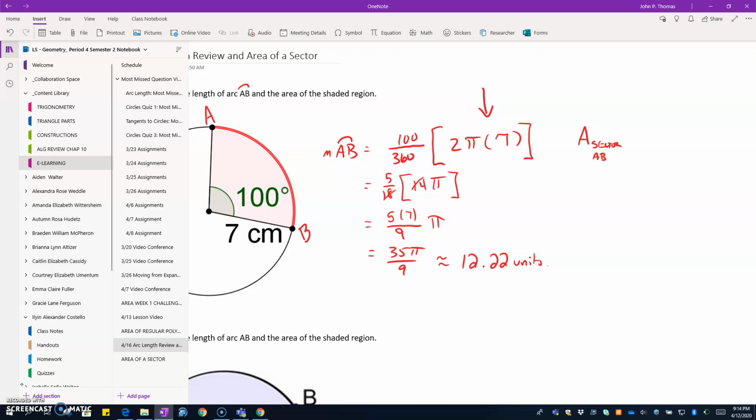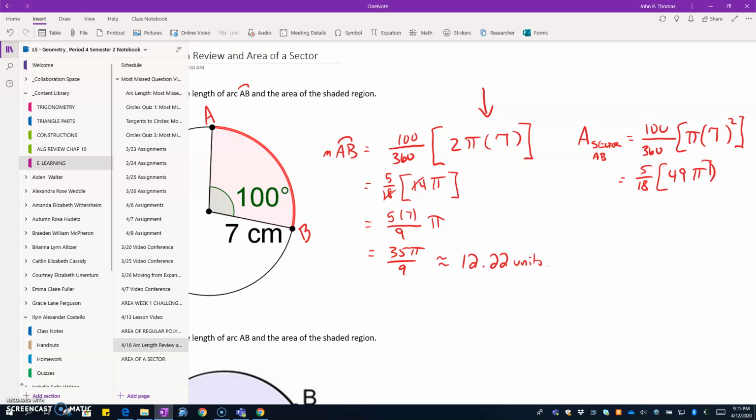The fraction is some part of the 360, times the area, which is pi r squared. Our fraction is still 100 over 360 because that's the central angle, and r in this one is 7. So we reduce that down to 5/18 again, and we have 5/18 times 49 pi.